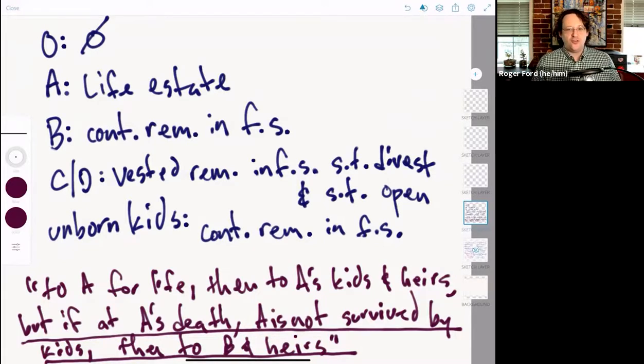Subject to open just means there is a chance it will get smaller. And basically that happens when you have a group that inherits together or receives it together that can grow bigger. So A's children can grow bigger if A has more children.